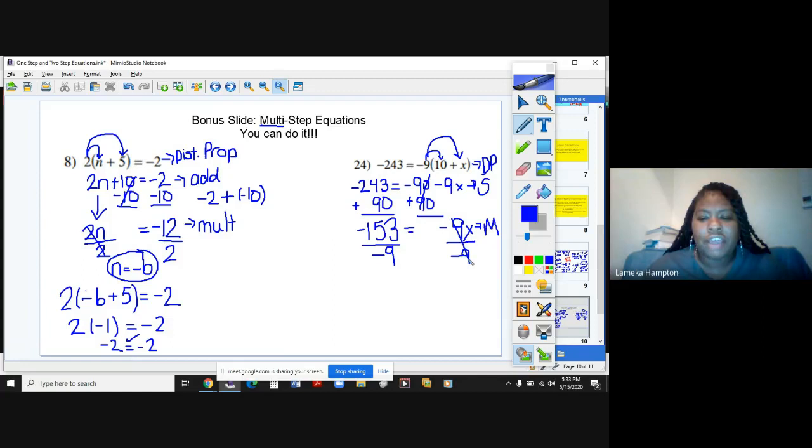So when I do that, I am left with x is equal to 17, because remember, a negative divided by a negative gives us a positive number.